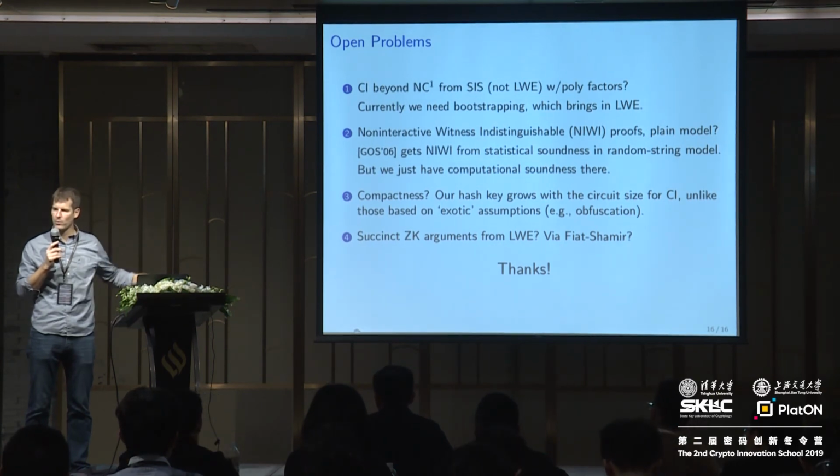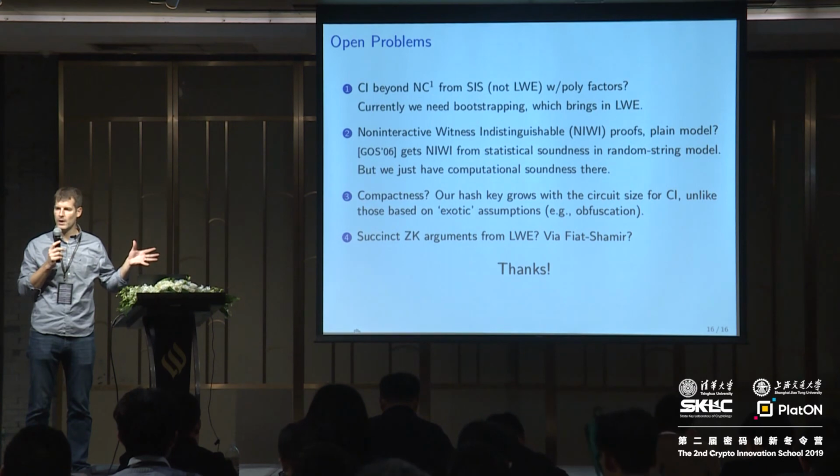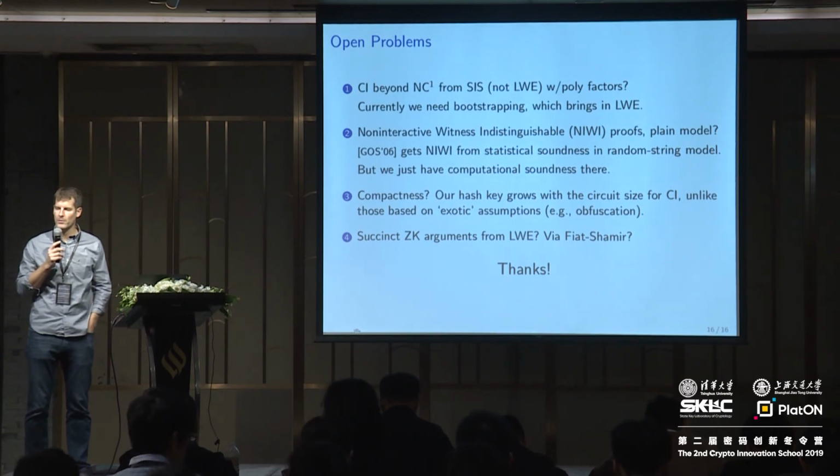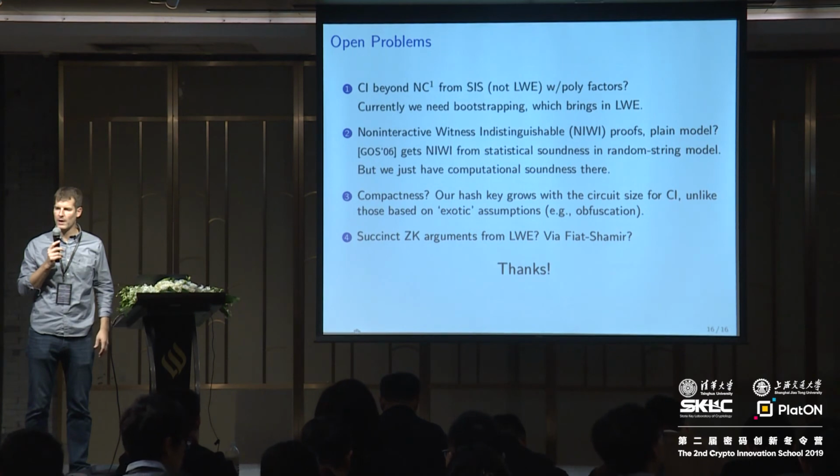But everything goes through in the same way. So we know that branching programs can implement log depth circuits, but there are other forms of branching programs you might be interested in as well. So basically, you just need your FHE to be capable of computing that kind of branching program.